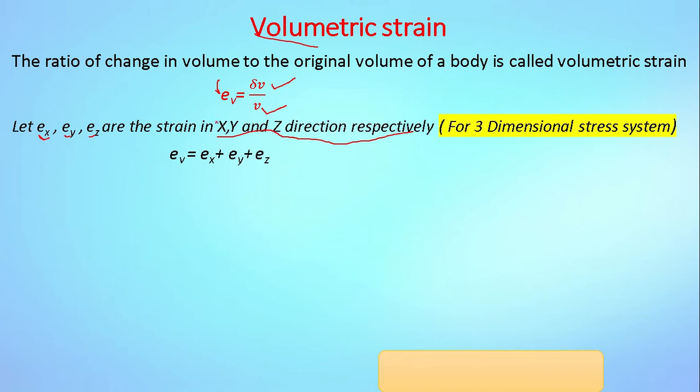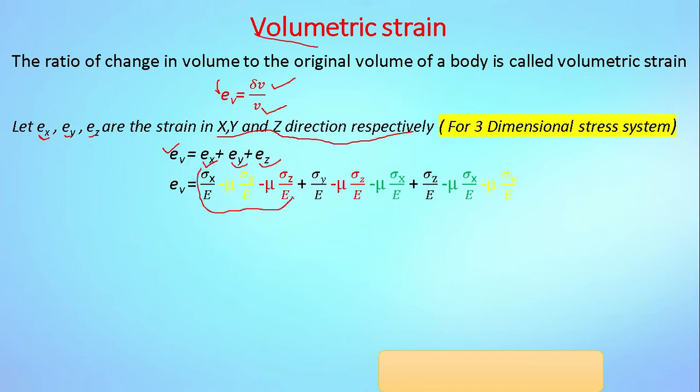So volumetric strain is the addition of Ex, Ey and Ez, means strain in x direction, strain in y direction and strain in z direction. So we will put the values of Ex, Ey, Ez from previous slide.